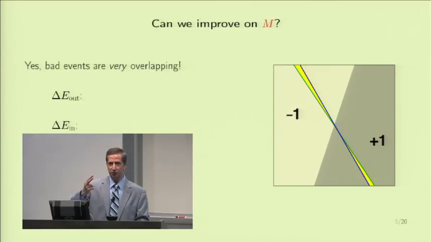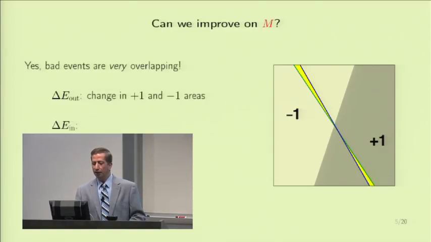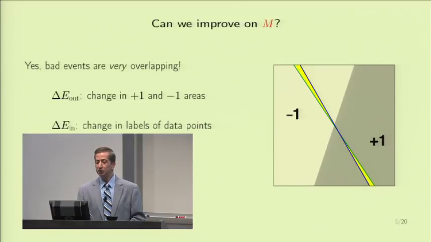That's where E in changed. If you look at the delta E in, the change of the labels of data points: if one of the data points happens to fall in this yellow region, then its error status will change from one hypothesis to another, because one hypothesis got it right and the other one got it wrong.